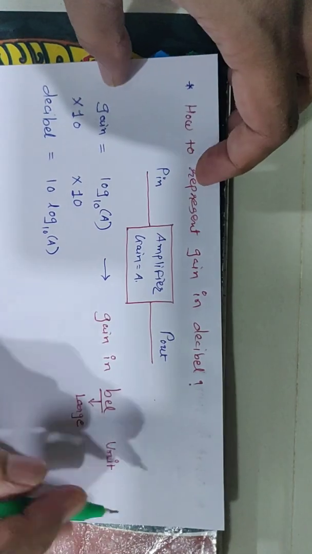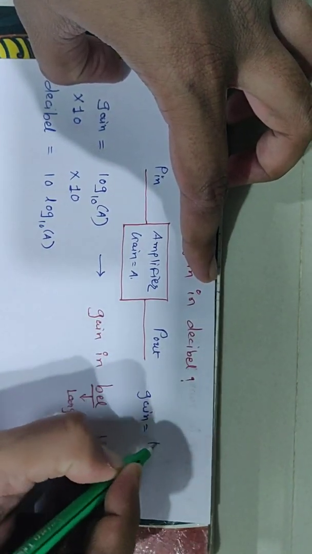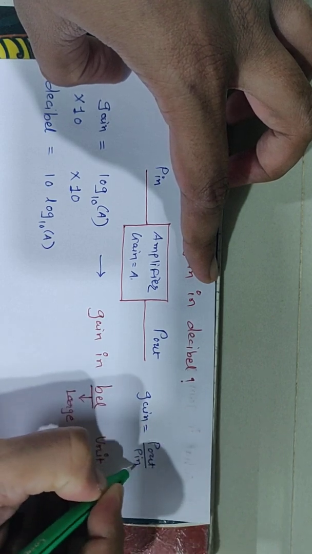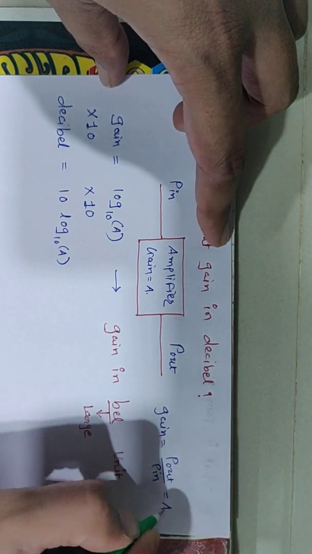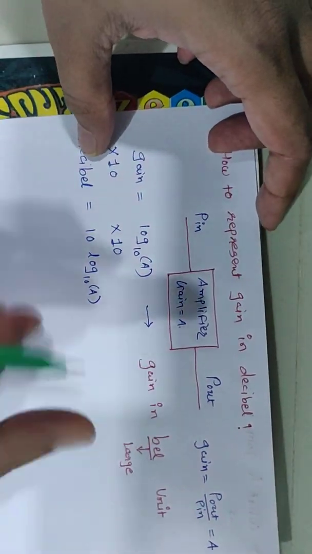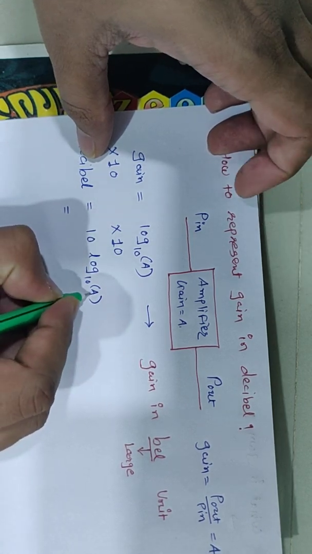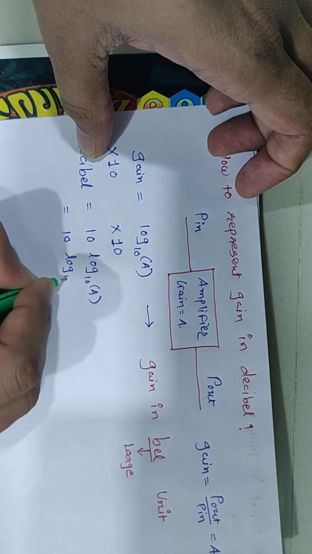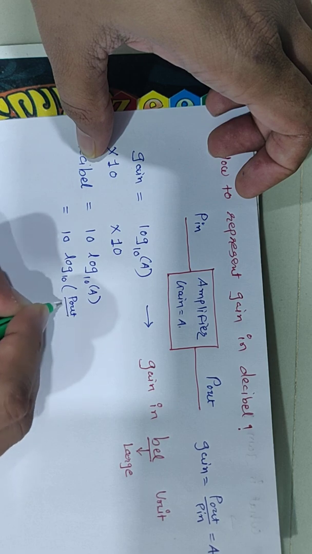Okay, so the gain will become P out upon P in. Let us put this equal to A. Now put this value in place of A. So 10 log base 10 of P out upon P in.